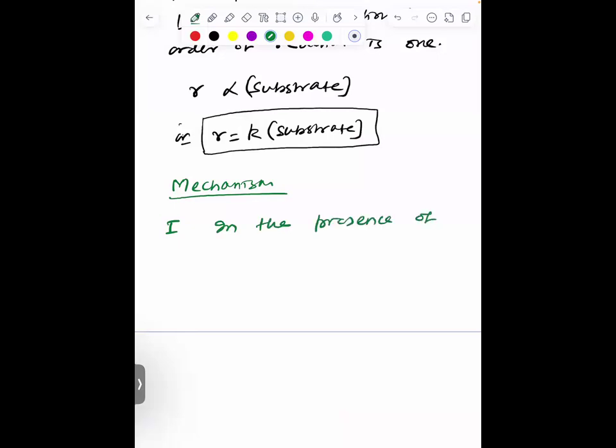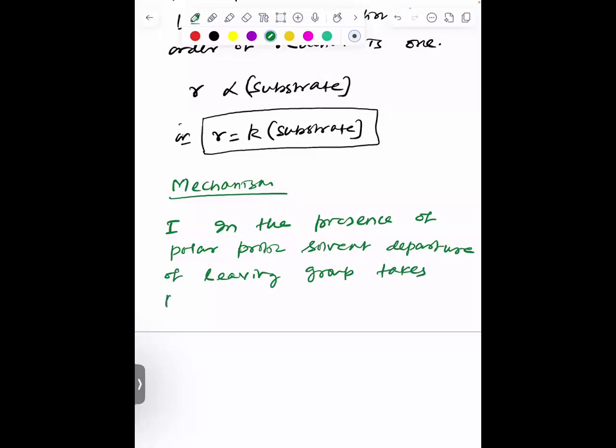In the presence of polar protic solvent, departure of leaving group takes place and hence carbocation intermediate is formed.